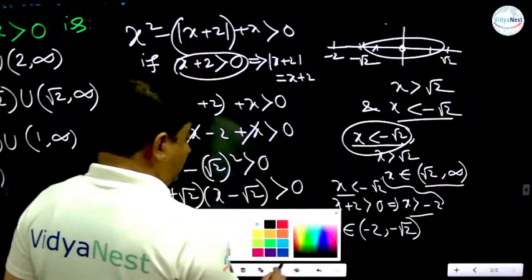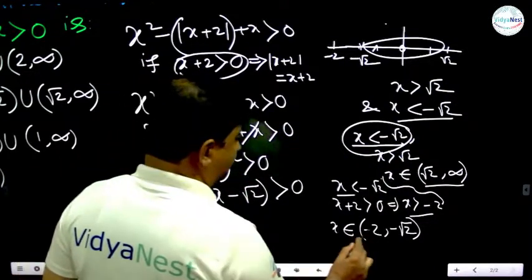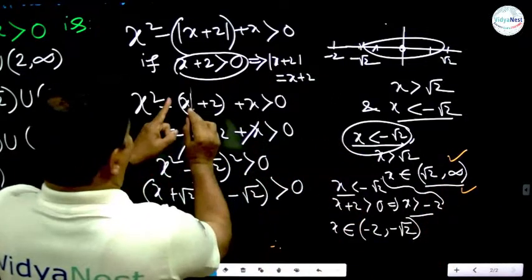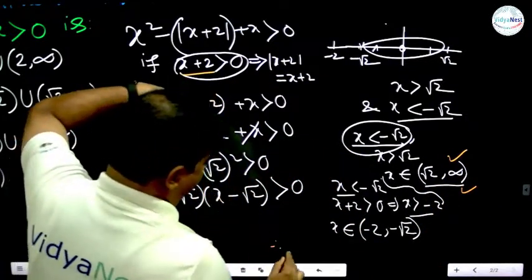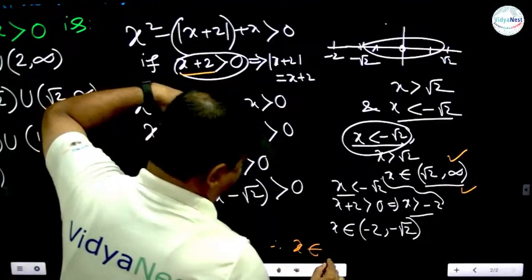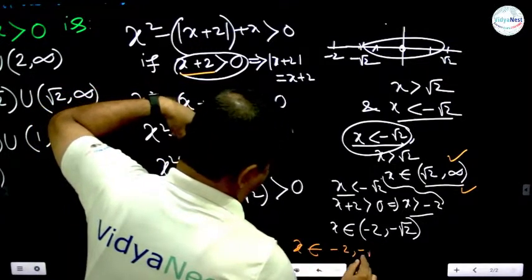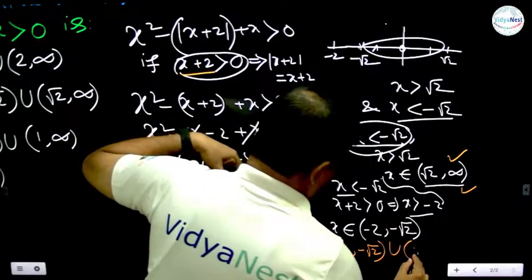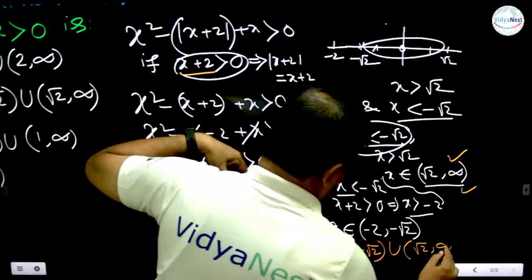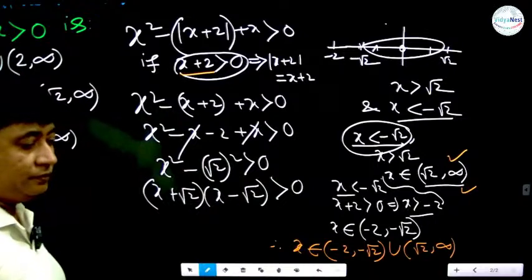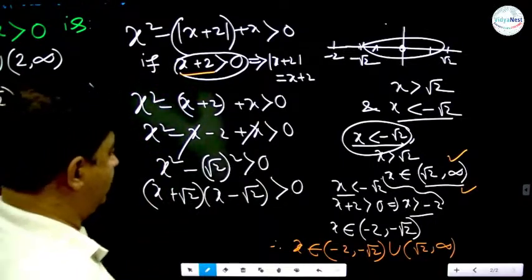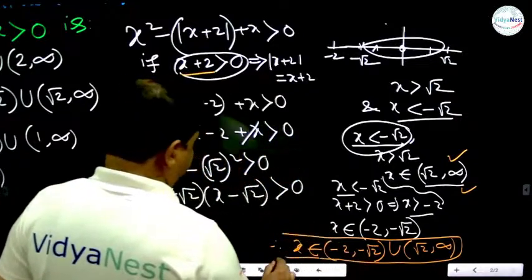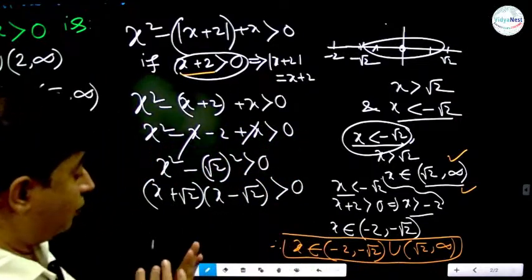तो इसको कंबाइन कैसे होगा? इसको कंबाइन यूनियन लेके। सो टेकिंग दैट थिंग इन अकाउंट, आई विल गेट यूनियन। So this is one interval.